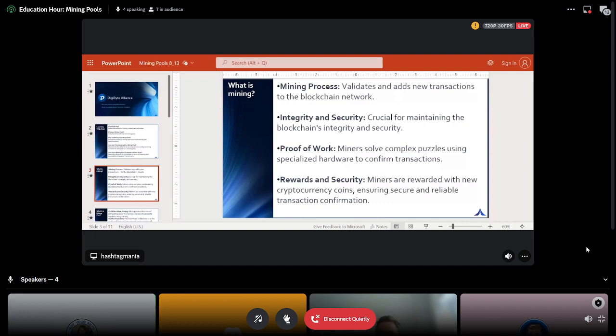So proof of work mining provides security against fraudulent transactions and double spending on the blockchain. We've seen that problem with other chains, and knock on wood, we haven't had that issue with DigiByte yet. Does anybody want to add some context to that slide before we move on to the next?